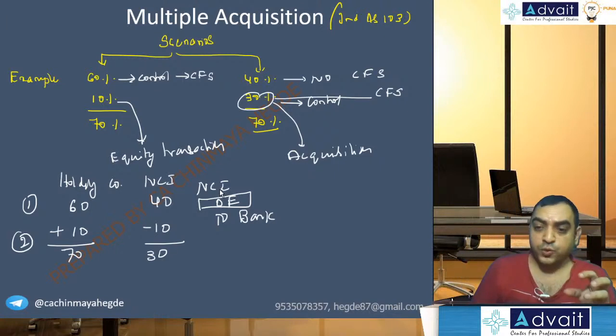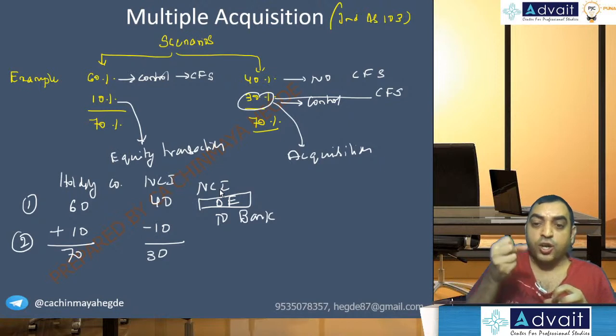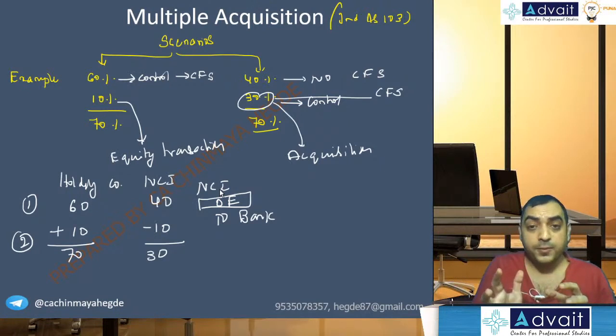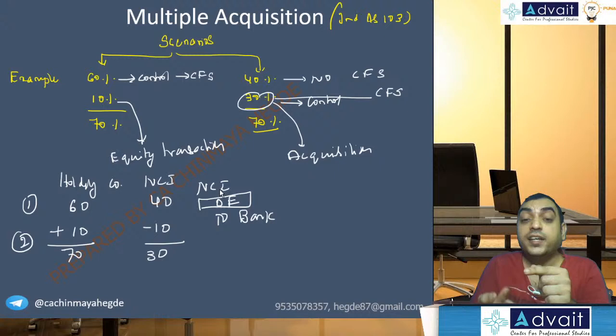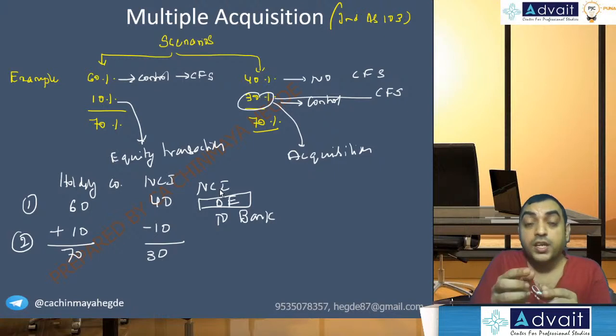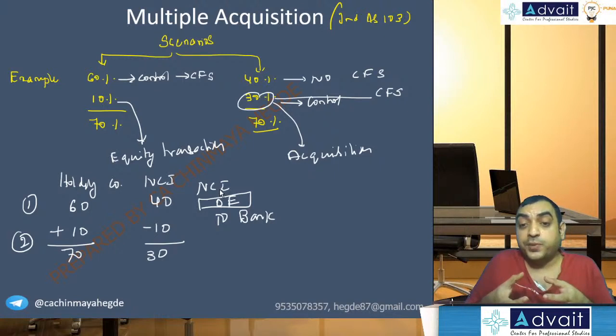When the first acquisition is already there and subsequently you acquire more, NCI share will reduce, so NCI is debited. And the holding company gets this 10% by paying purchase consideration, by paying cash, that is to bank. The differential amount, profit or loss, is transferred to other equity, that is in our column, the reserves column. Hope you got that point related to the first scenario.